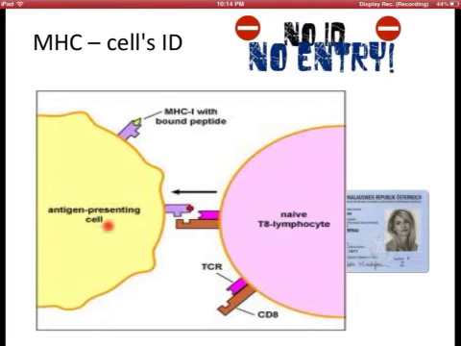So, kumain siya ng pathogen, na-destroy niya. What the antigen presenting cell will do is bind the dead pathogen's debris to an MHC.